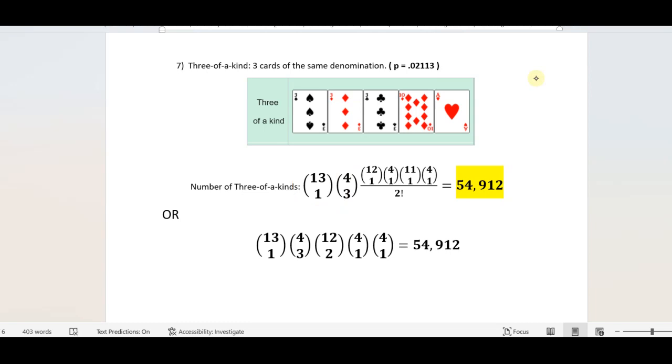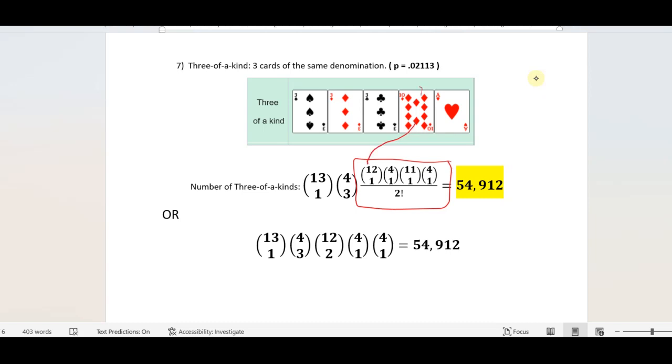Or whatever the denomination might be. Now what I have here on the right side, this would be the ways that you can choose the remaining 2 cards. So for example, remember you've already selected one of the 13 denominations, so we only have 12 denominations remaining. So 12 choose 1 would be my next one.